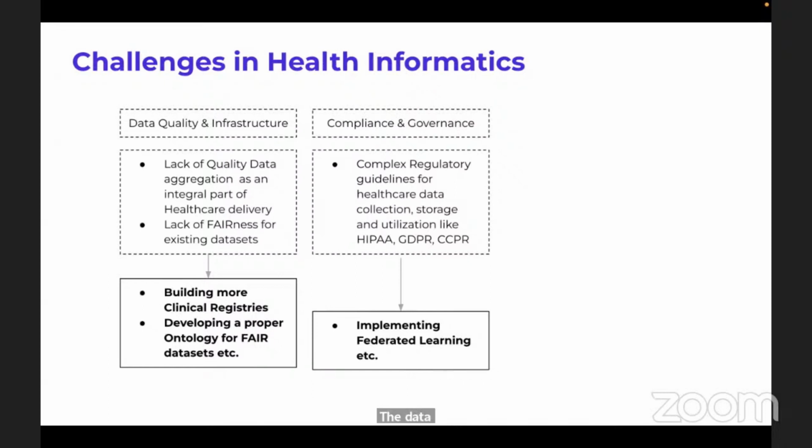The model is built in the local server, and the model gets deployed and implemented there only. But the model parameters will be stored in the central server. So no data is stored centrally. All data resides locally in the particular hospital's servers. Only the model parameters are stored centrally.